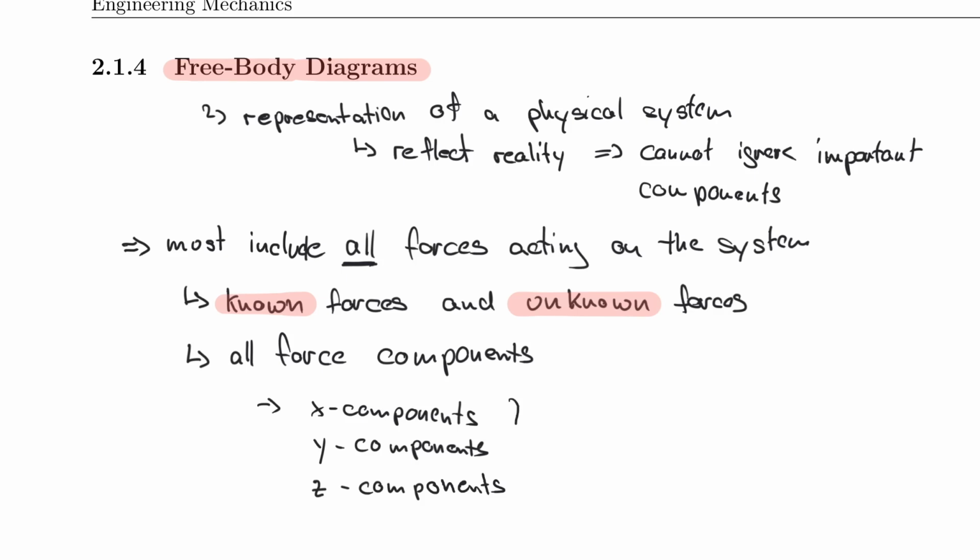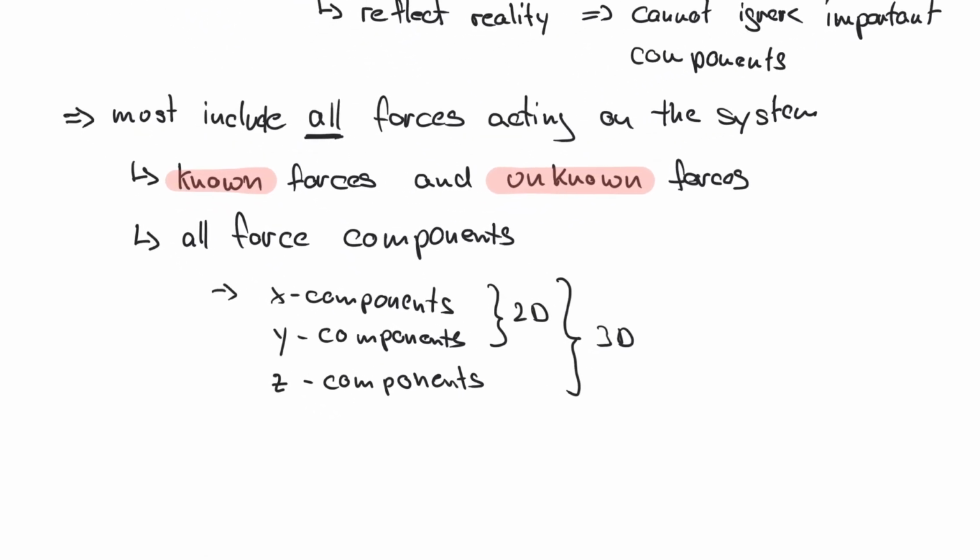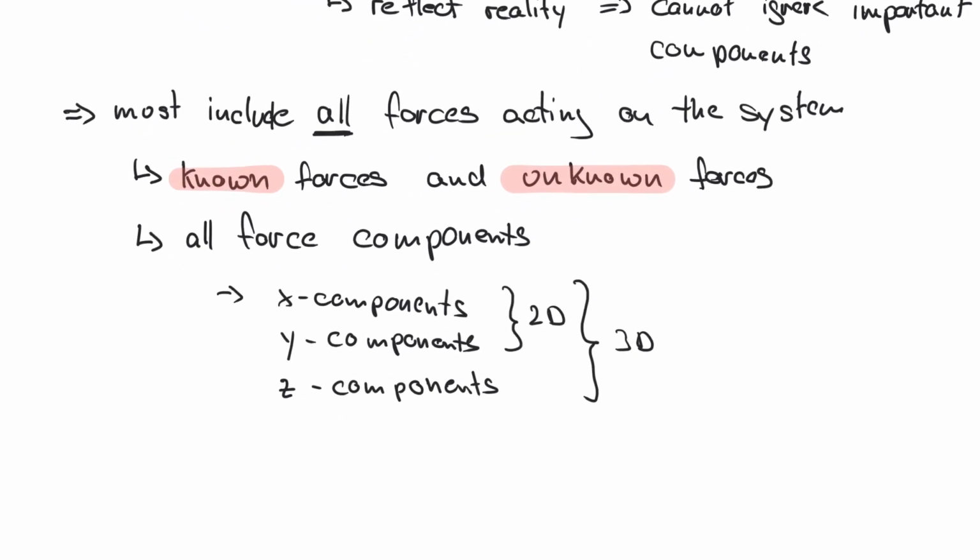So in other words, we're talking about the 2D description here and the 3D description here, that is, of course, not a secret to you. But these components take us to the next important aspect of these free-body diagrams, which is proper naming. So all of these components and everything you put in a free-body diagram has to be properly named.